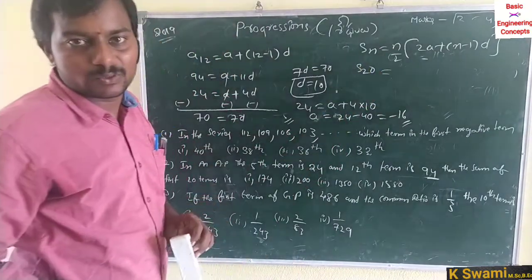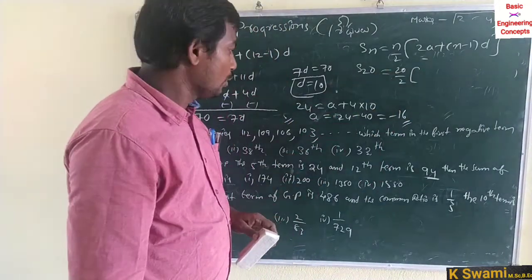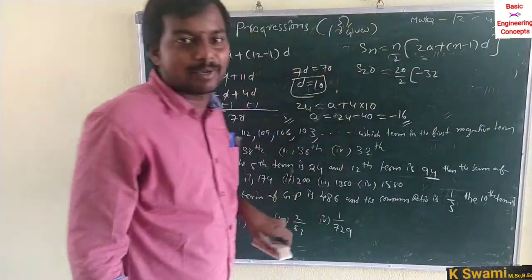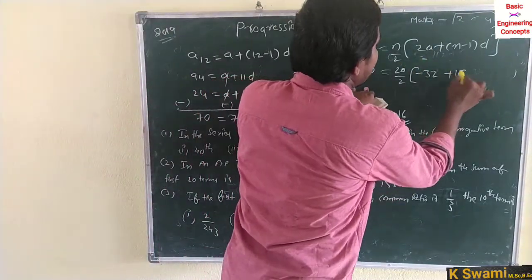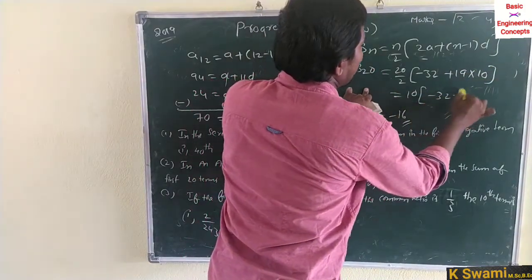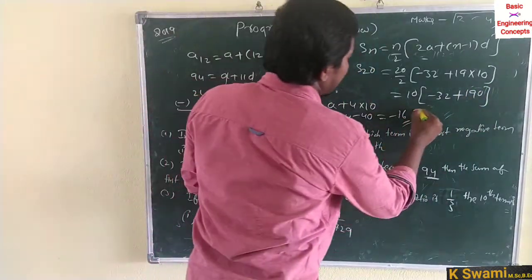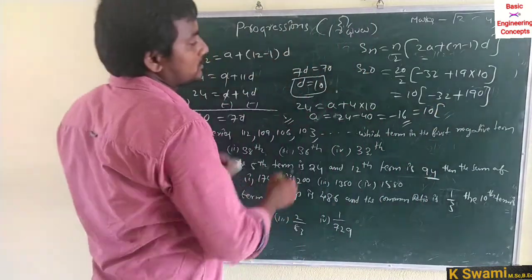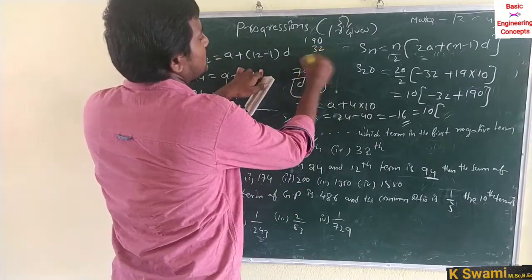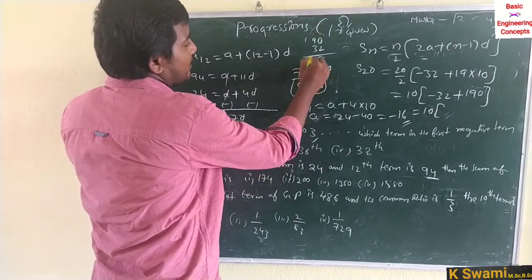So S20 is equal to 20 by 2 into 2 into a, where a is equal to -16, so minus 32, plus 19 into 10. So 10 into minus 32 plus 190. 190 minus 32 is 158.